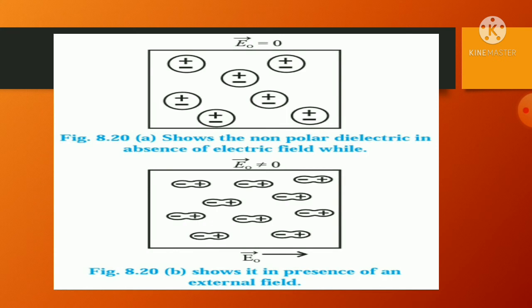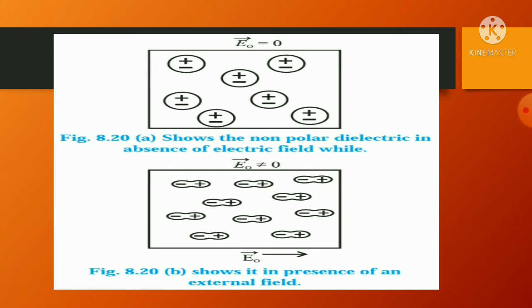Figure 8.20a shows the non-polar dielectric in the absence of an external electric field. Whenever the external electric field is absent, all the molecules with positive and negative charges move randomly in all possible directions.